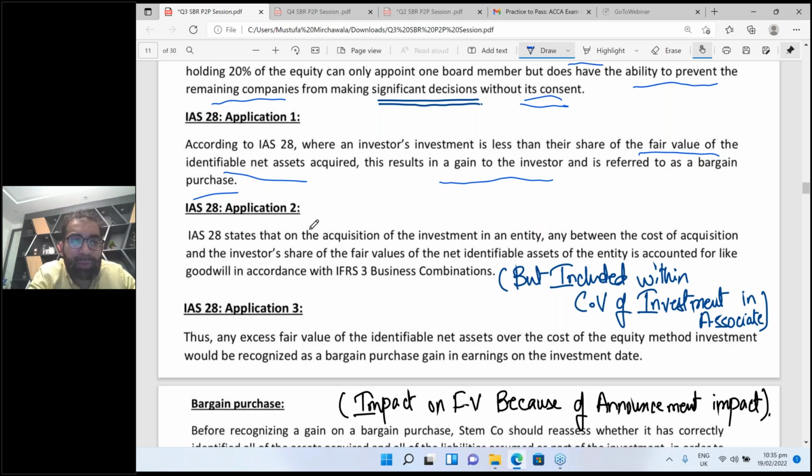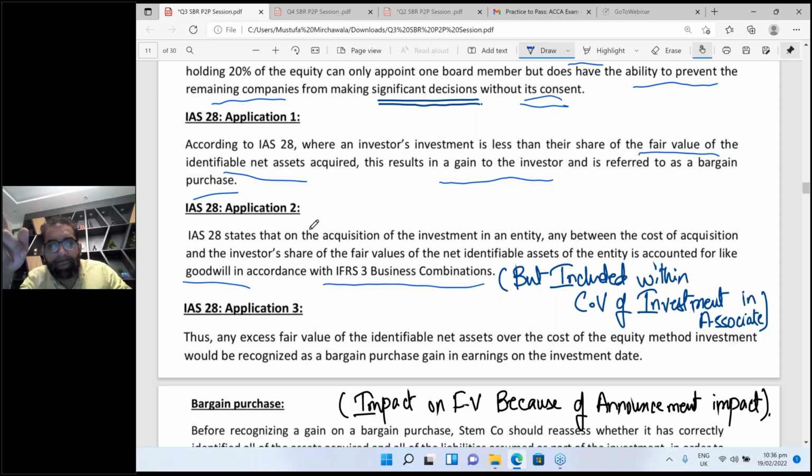Then IAS 28 states that on the acquisition of the investment in an entity, any difference between the cost of acquisition and the investor's share of the fair value of the net identifiable assets is accounted for like goodwill in accordance with IFRS 3 Business Combinations.